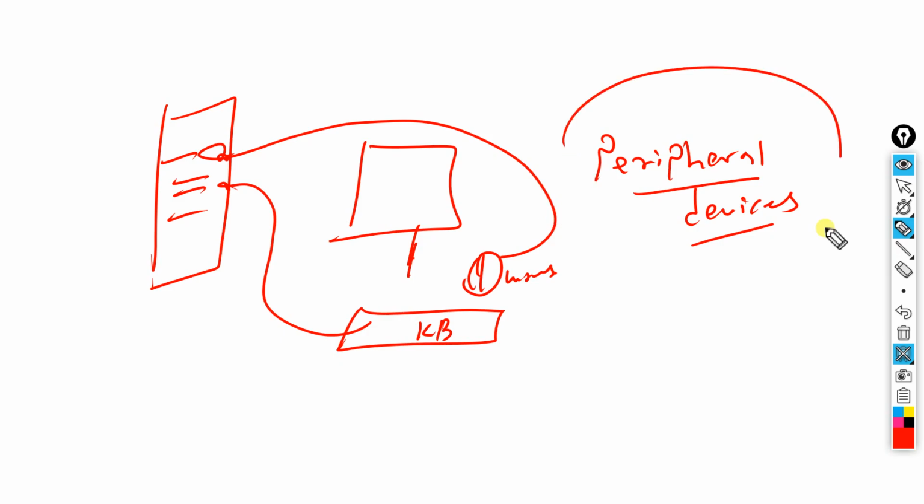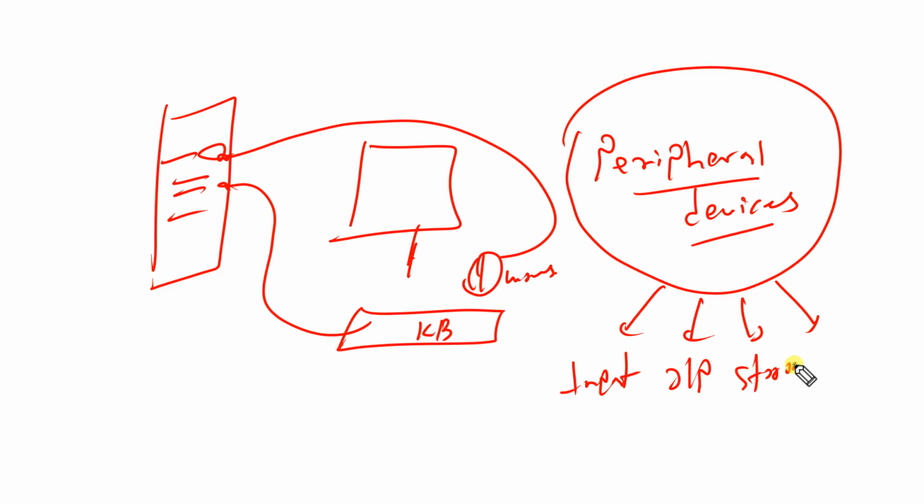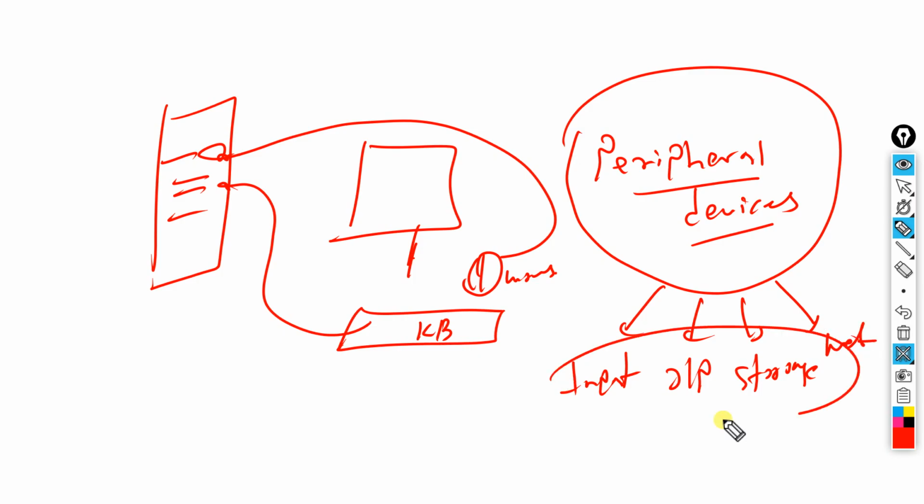When you talk about peripheral devices overall, what does it contain? It consists of input devices, output devices, storage devices and networking devices. All together, we call these peripheral devices in IT terms. But here they are not asking about peripheral devices. They are asking only about a sub part of the peripheral devices, which is the input device.